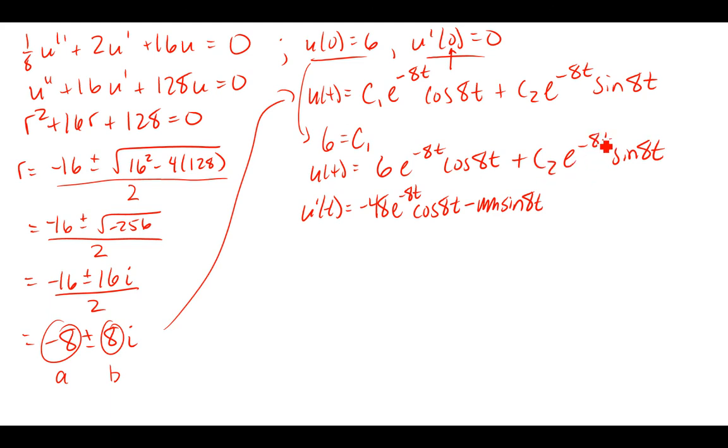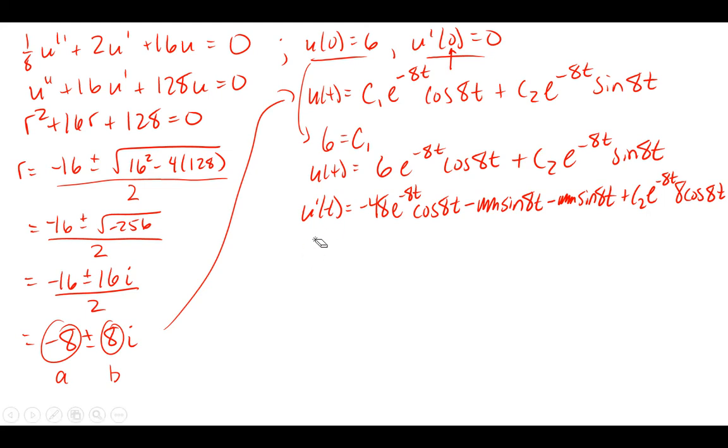When I do the derivative of the first, I'm going to be multiplying by sine, so I'm going to have stuff times sine. Don't care. But the term I do care about is c2 e to the negative 8t times the derivative of sine of 8t, which gives 8 cosine 8t. Sorry, squeeze that in there. Be a little more careful than me if you want, but I'm just trying to get through this problem.